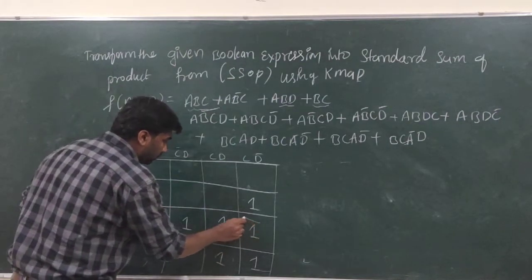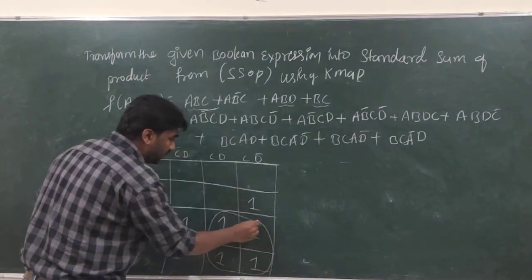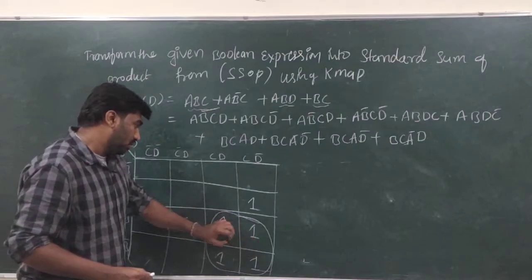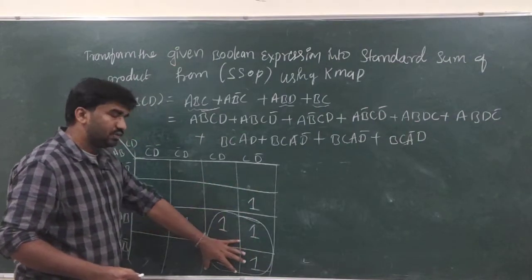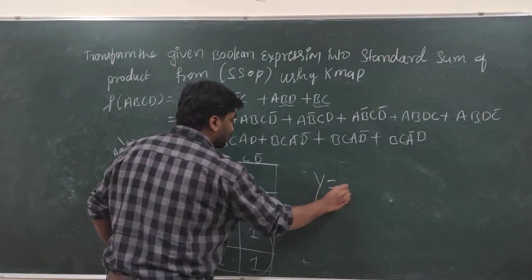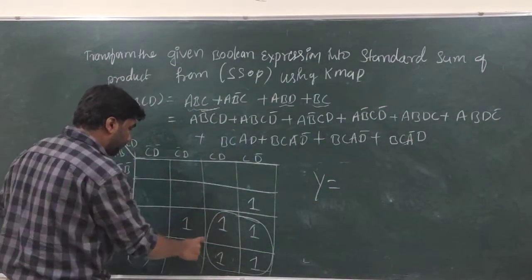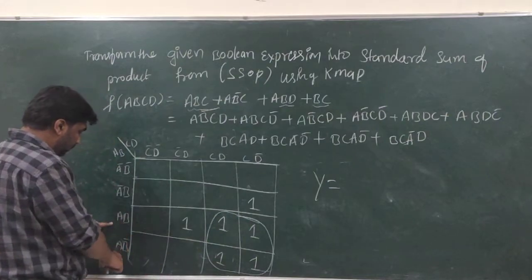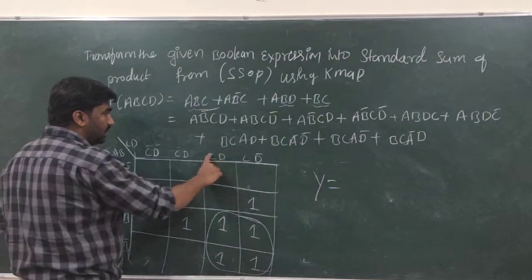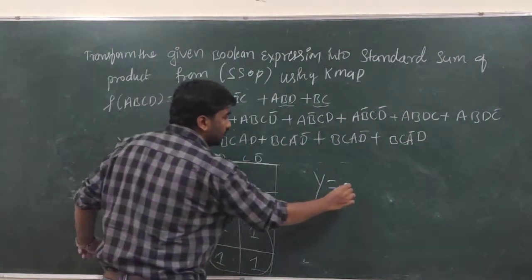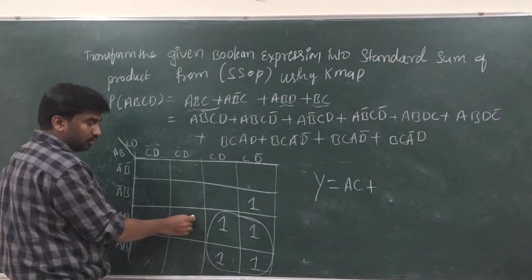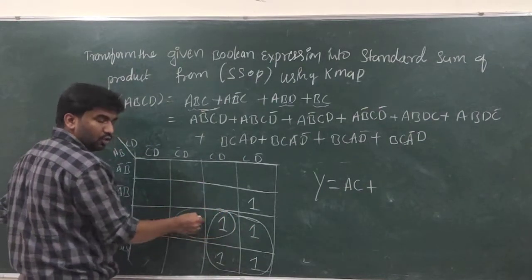The maximum possible grouping here in this K-map is 4. So the solution will be Y equal to, for this group of 4, see which is common: in these 2 cells A is common and in these 2 cells C is common, so the answer will be AC plus, for this single cell we can use this cell to map this one.